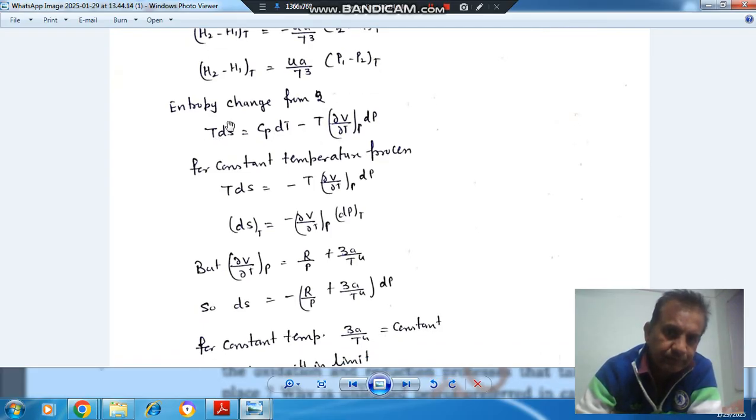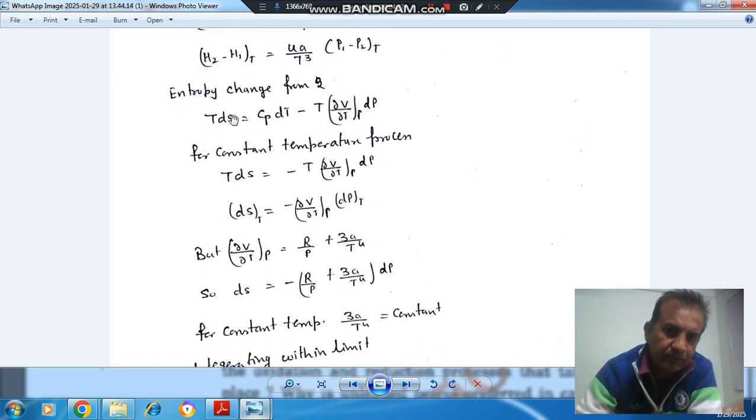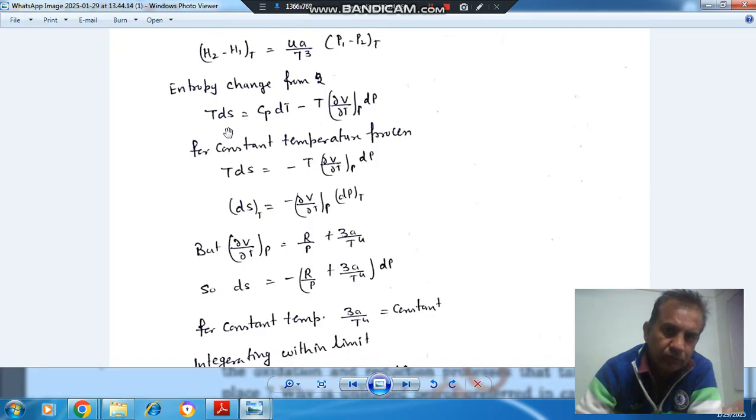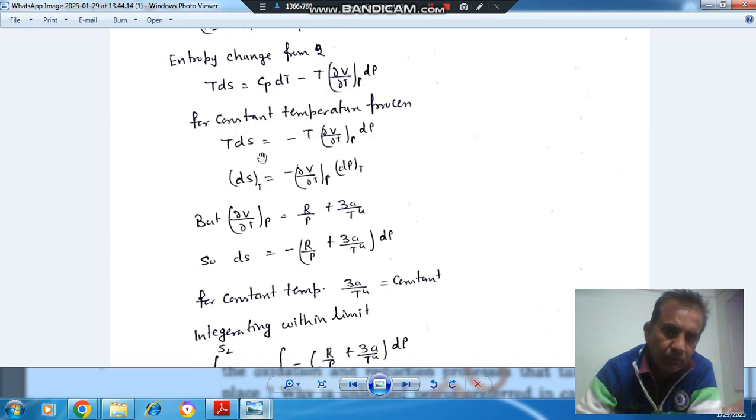From the second TdS equation, we have TdS is equal to Cp dT minus T (curl V by curl T) at constant P dP. At constant temperature, the first term will be 0. So TdS is minus T (curl V by curl T) at constant P dP. At constant temperature we can take T here, and this T will cancel out, so it will be dS equals minus (curl V by curl T) at constant P dP.